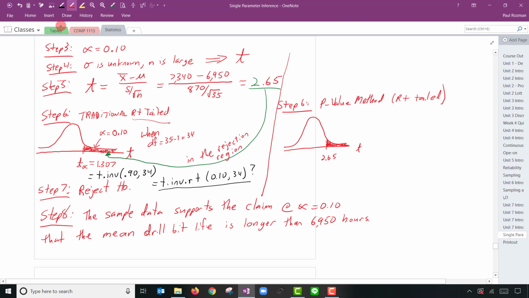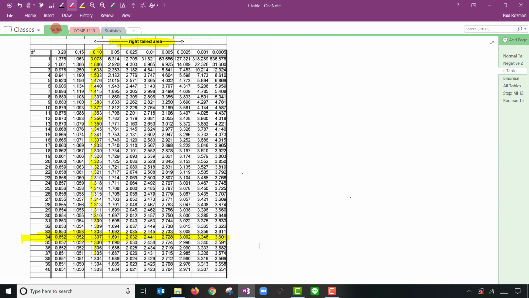So the best we can do is find a range that this probability is in. I'll show you. If we go to our table and we're in row 34, we're looking for the number 2.65, but it's not in the table. Because there are so many t-tables listed here, we can't list all the values. It's not as good or easy to read as the Z table. Our t-score is somewhere between these two values.